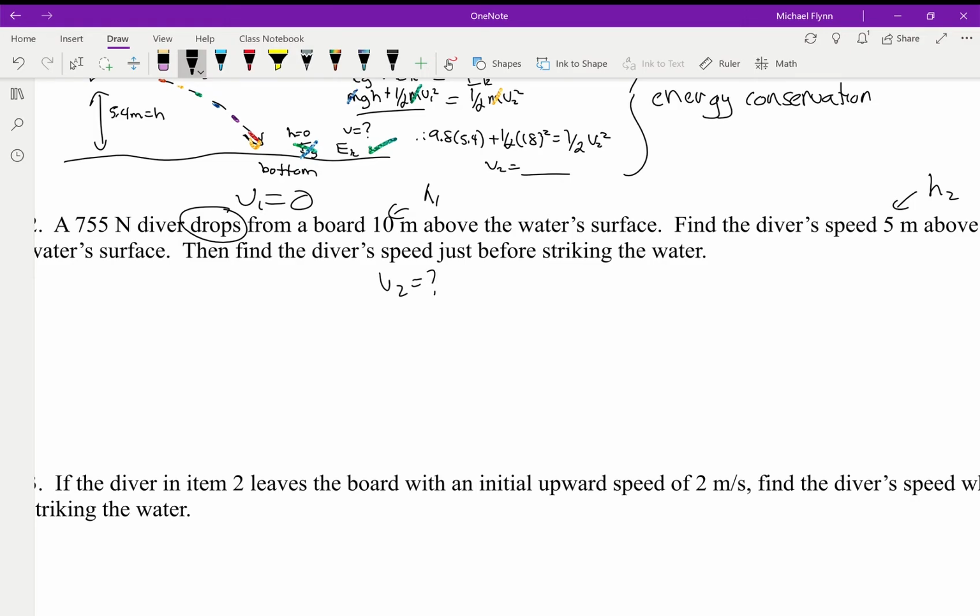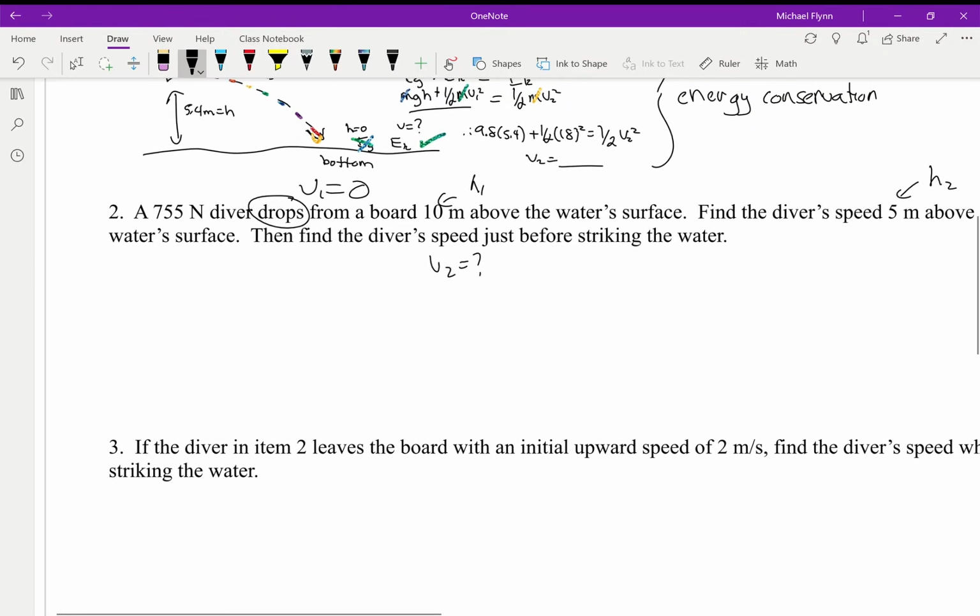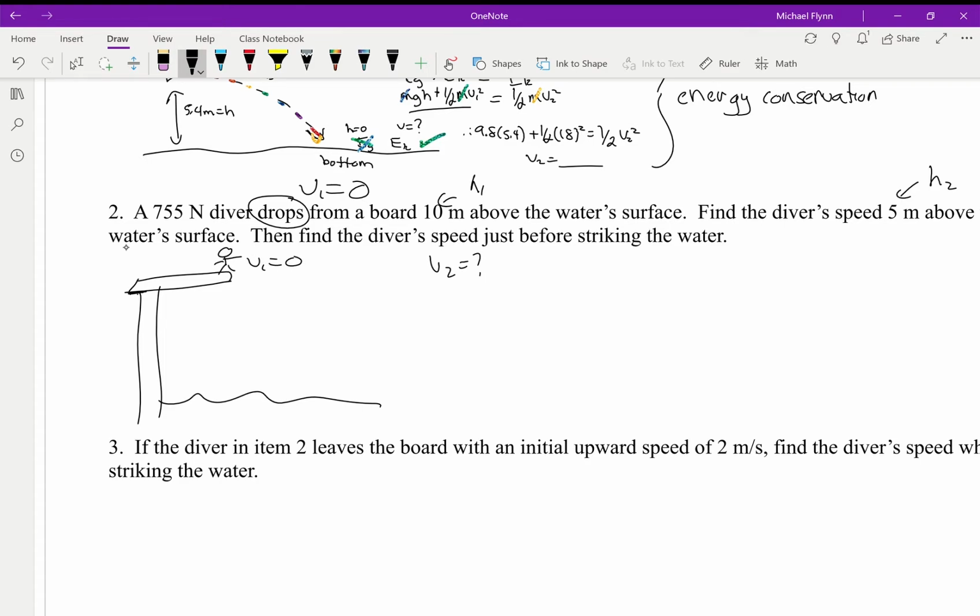So here's the deal. You don't need to draw a picture, but I'm going to draw the picture for you because it probably helps to visualize these things. Here's your platform, here's your water. The guy starts up here, V1 is 0.